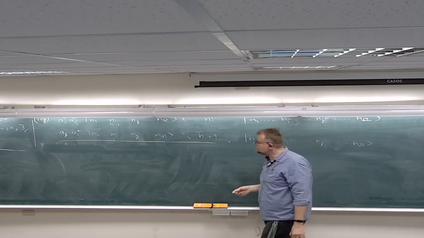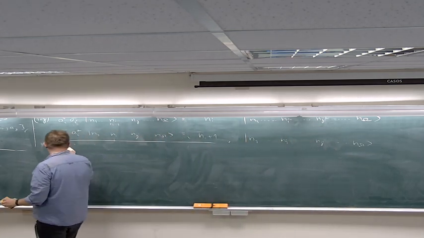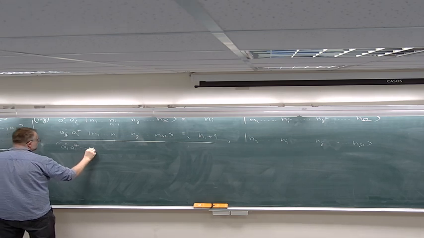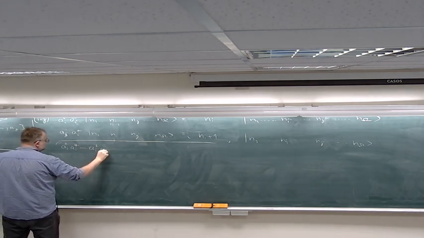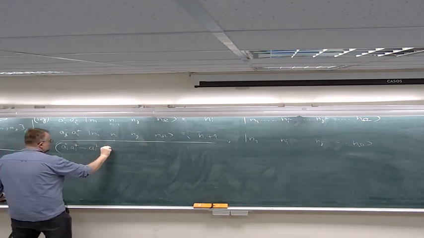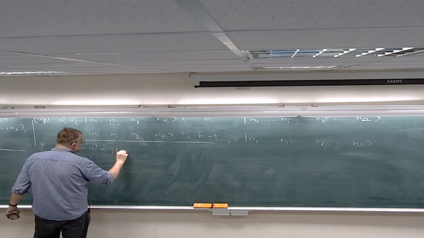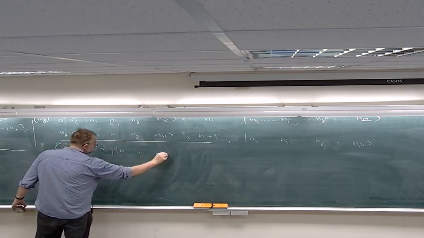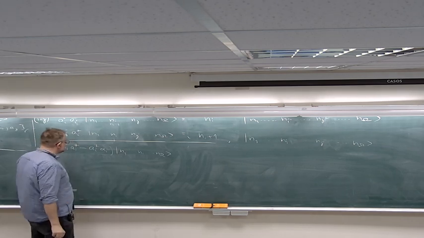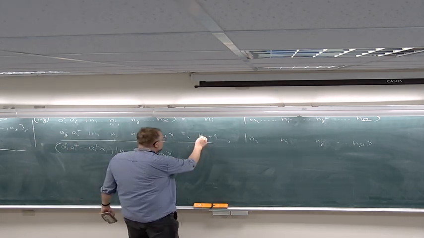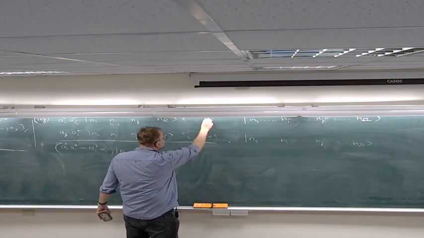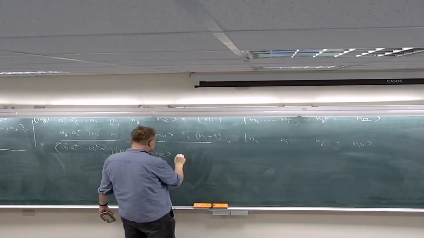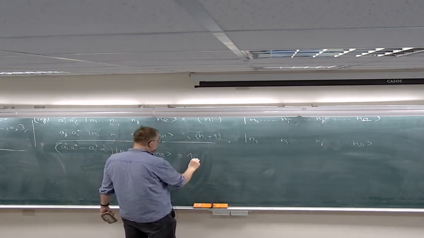Now let's subtract them. So I'm subtracting AE dagger AE from AE AE dagger. I'm acting on an arbitrary vector. And I'm saying that the difference of those two things is ne plus 1 minus ne, which is 1 times this vector.